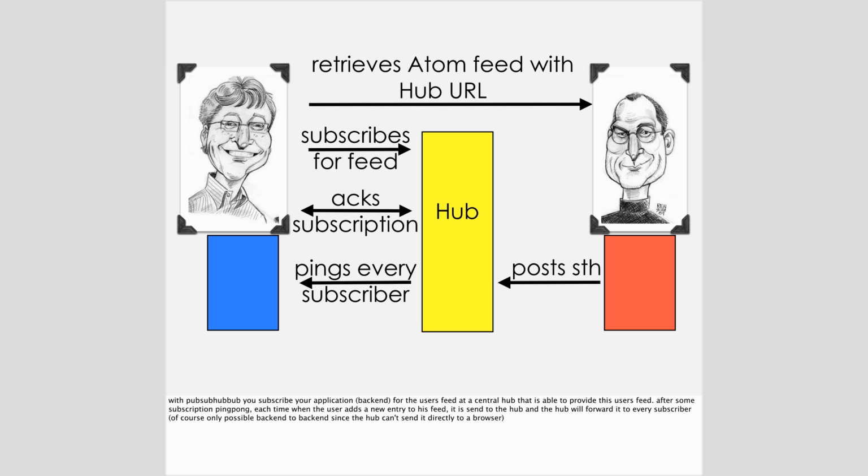So let's display this here. In my application, I now also have a subscribe to the hub. I built this as an extra button just so that you can subscribe and unsubscribe.